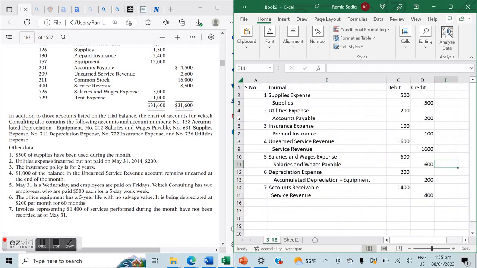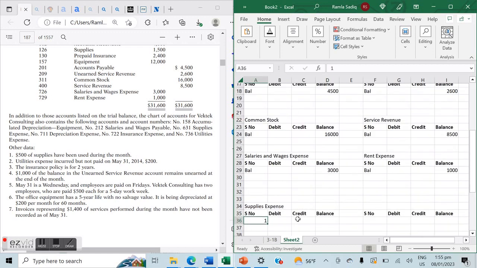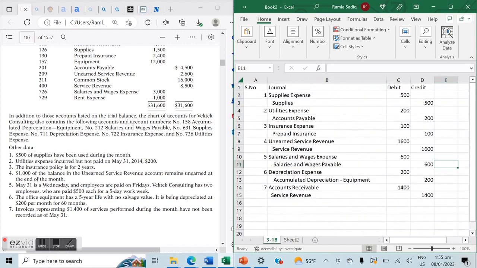So supplies expense is to be debited by 500. And that means that my balance in this account, because the expense account's normal balance is a debit side balance, is increasing. So we started with 0, and now we have a debit of 500, so our balance is also going to be $500.